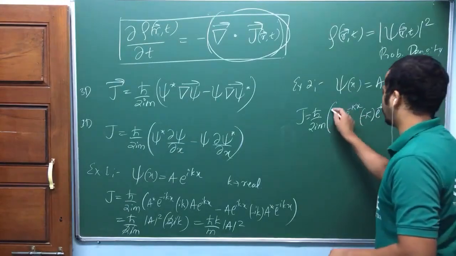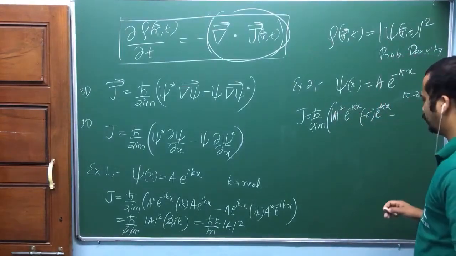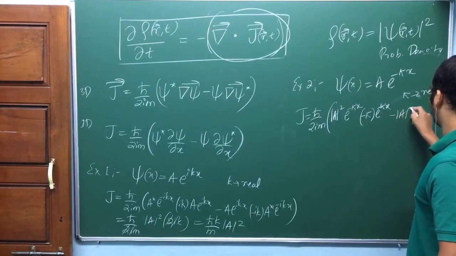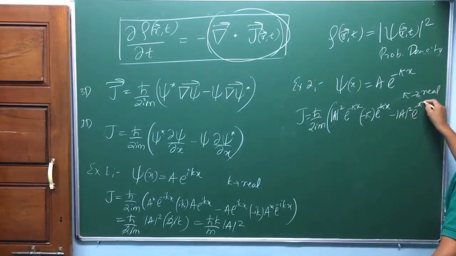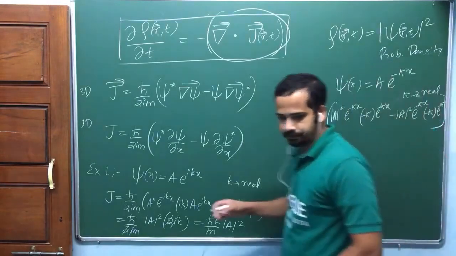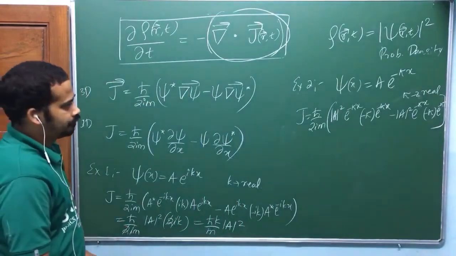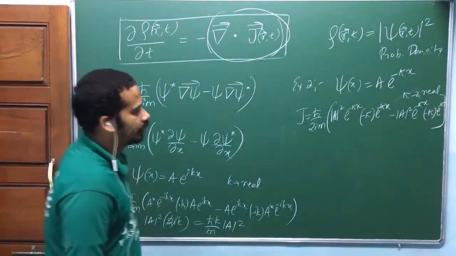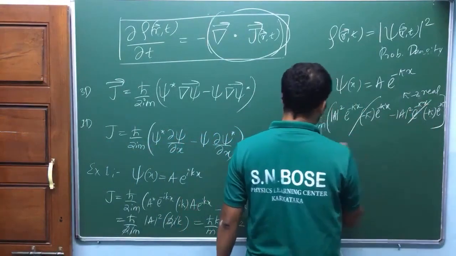Let me write mod a square here, minus again mod a square, so e power minus kappa x, again minus kappa e power minus kappa x. Am I right or not? Minus kappa, plus kappa, these two will get cancelled, you will get 0.